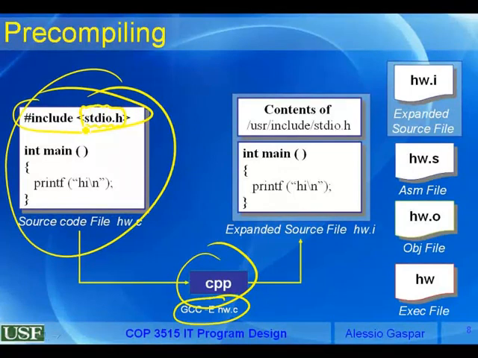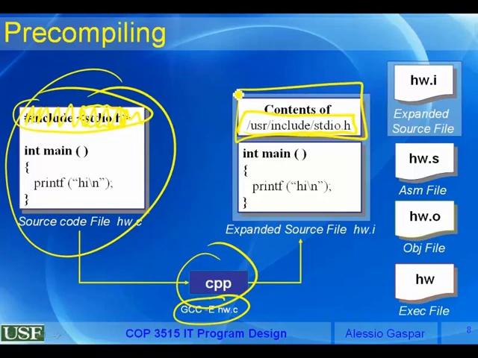It finds it somewhere on the file system. For example, all the standard C library files are located in /usr/include. So stdio.h will be right there, /usr/include/stdio.h. The pre-compiler is going to take the content of that file and replace that line here, which I'm crossing out right now. It's going to replace in your code that line by the full content of the file stdio.h.